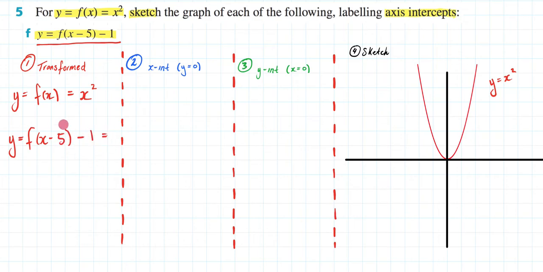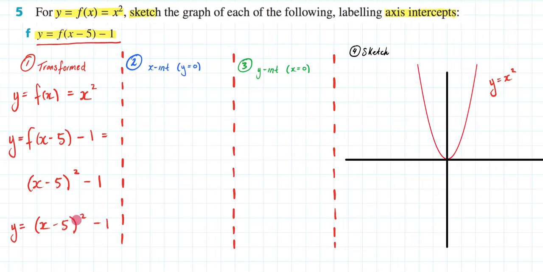All right. Well, as you can see here, when I had f of x, I had x squared. So now that I have f of x minus 5, instead of an x here, it will be x minus 5, and it will be squared. And then I will have a minus 1 here. So what I'll be trying to sketch now is y equals x minus 5 squared minus 1.